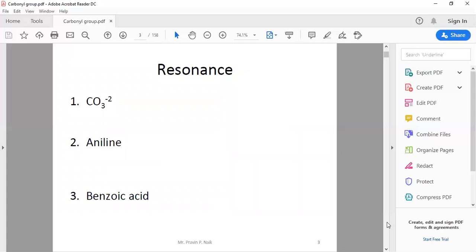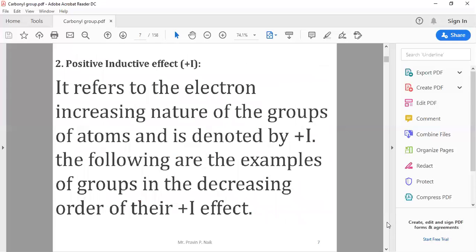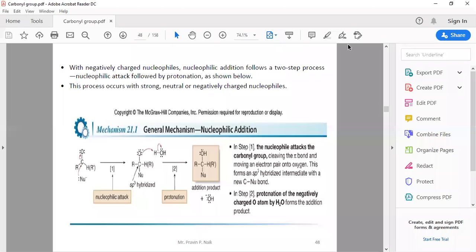So, as discussed with the basic concepts, the resonance and inductive effect play a very important role in determining which kind of reaction can happen. So, let's begin with the first reaction, that is nucleophilic addition reaction.